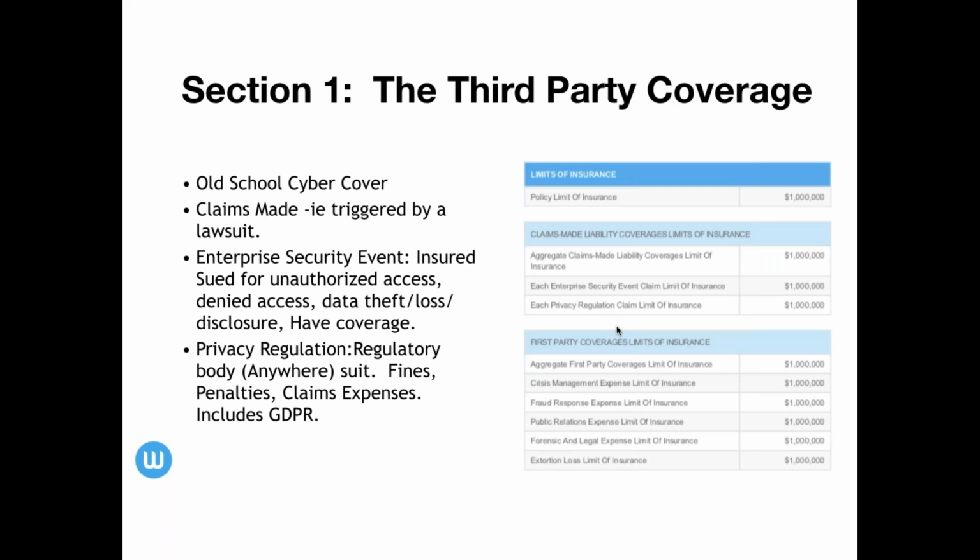The first is for an actual cyber event. Every policy is going to name it something differently, whether it be an enterprise security event or a data breach or whatever. But it all results in the same thing, and that is a class action lawsuit because of an unauthorized access or a data theft, loss, or disclosure.